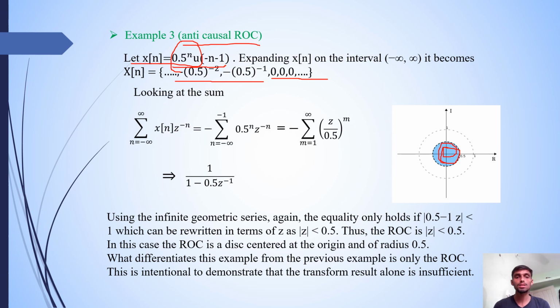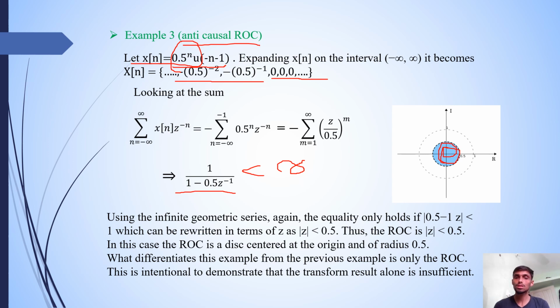And here it satisfies the condition that the summation of all the values is less than infinity, and using the infinite geometric series, the equality only holds if 0.5 power minus 1 z is less than 1, which can be written in terms of z as mod z is less than 0.5.